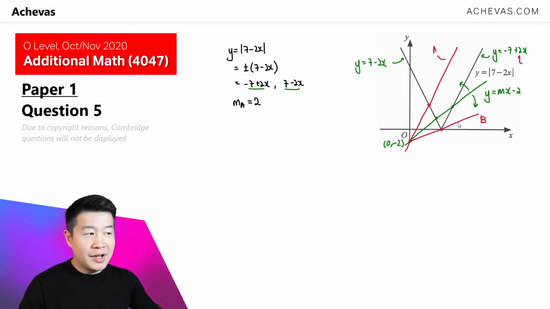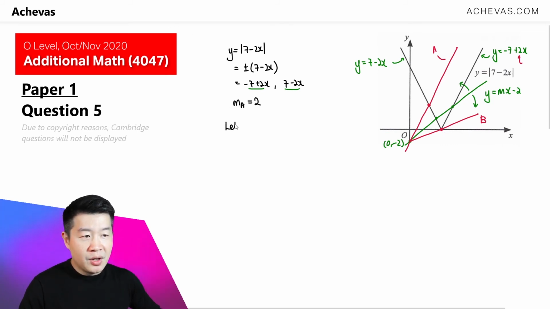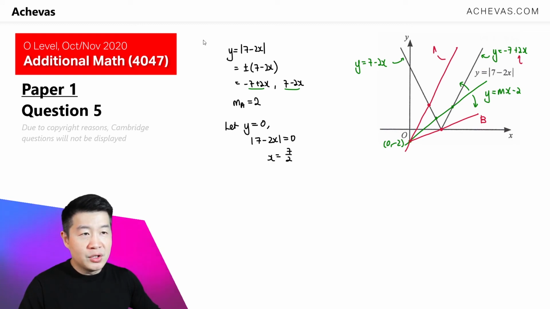So in order for me to find the gradient of this line B, I'm going to find the coordinates of this point. To find the coordinates of this point, we are going to let y of this original graph be equal to 0, which means that modulus of 7 minus 2x is equal to 0. X is equal to 7 over 2.